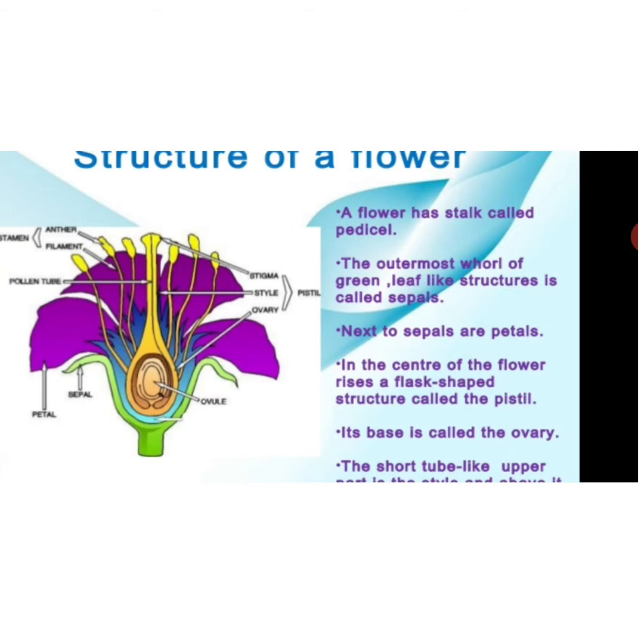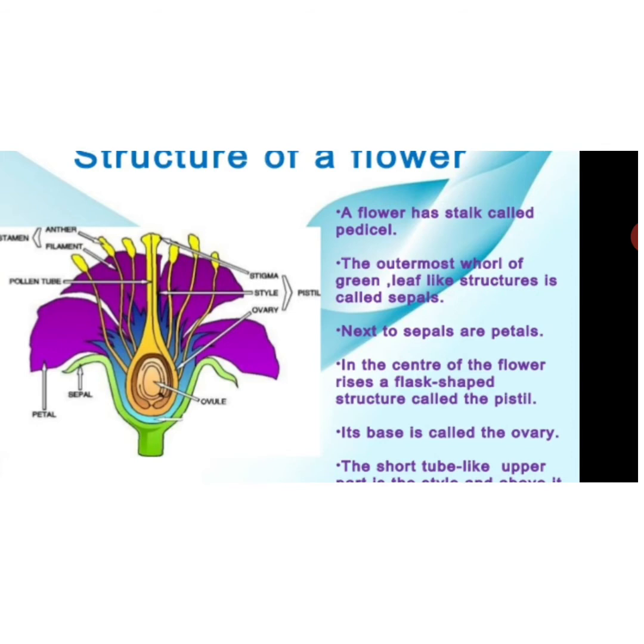Then there is a short tube-like upper part. The uppermost part is called the stigma, and the tube-like structure is called the style. Inside the style a pollen tube is present, by which the pollen grains enter into the ovule.